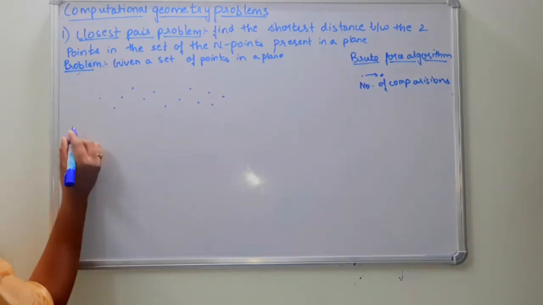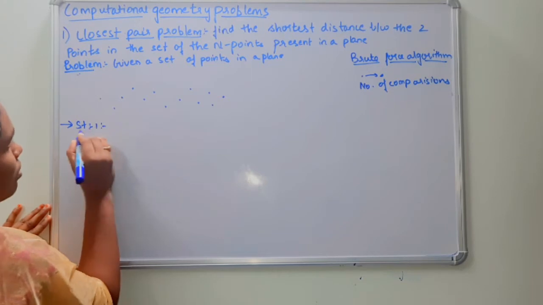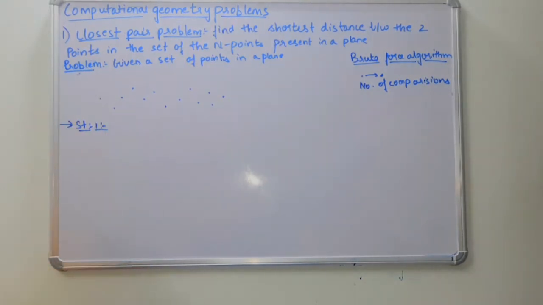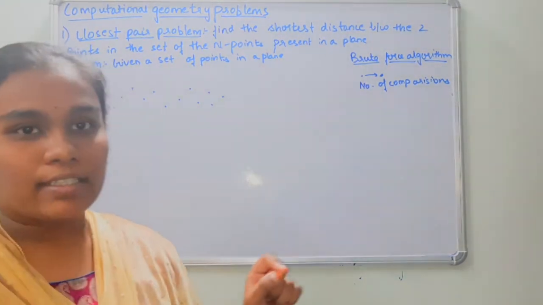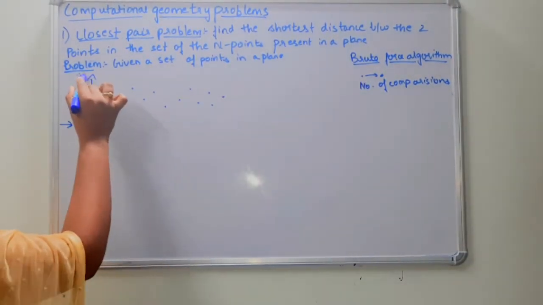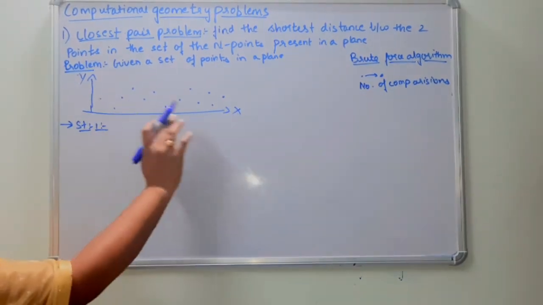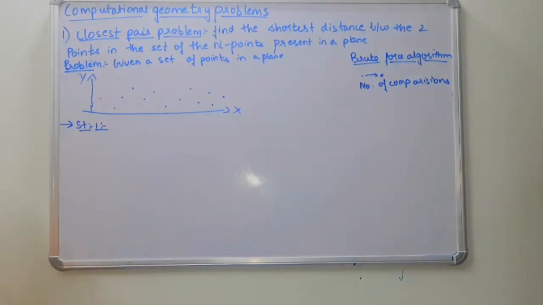In order to perform the problem, first, step 1, we have to sort these points according to the x-axis. What is meant by the x-axis? Let us think this is the y-axis and this will be the x-axis. According to the x-axis, we have to sort the given points.